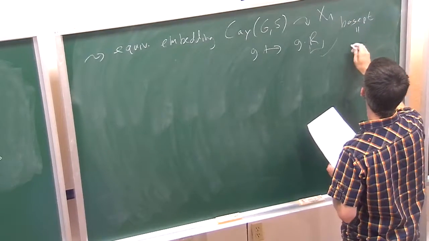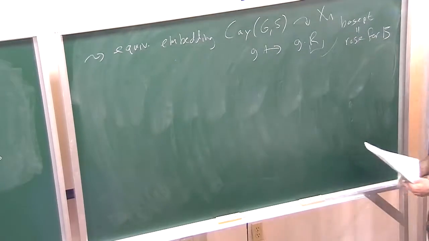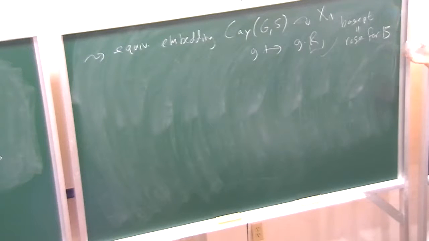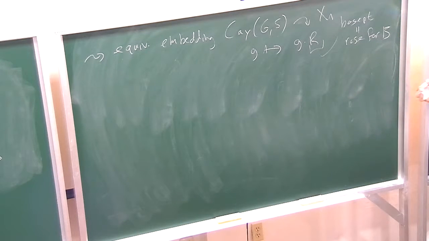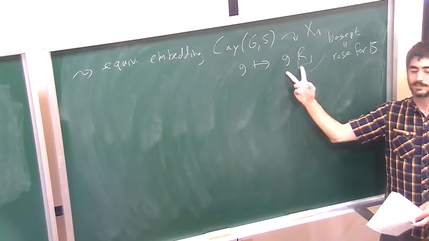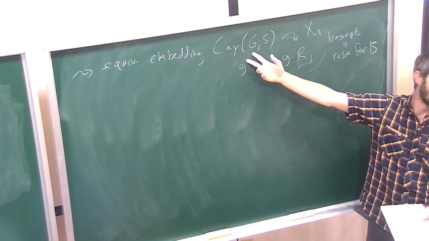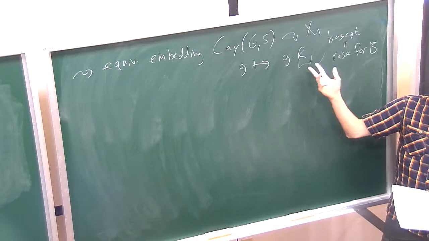Let's call the base point the rose for the basis B. I have this nice basis that I picked. That defines the rose, with equal edge lengths and those elements as its labels. That's a point in outer space. Now let me look at this orbit. And maybe here I'm using a left action, before we did a right action. That's because I want to act on the left on the Cayley graph. So I just flipped it around.